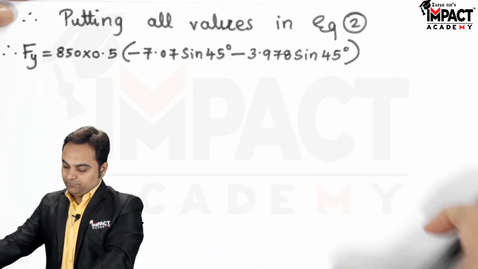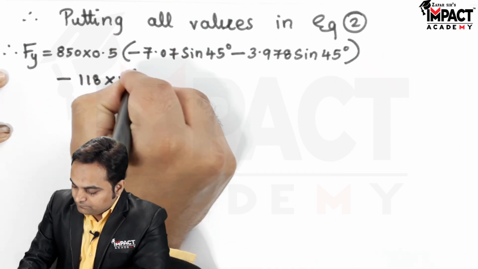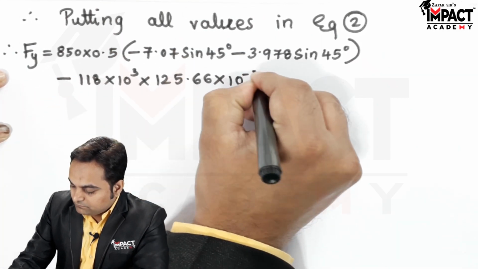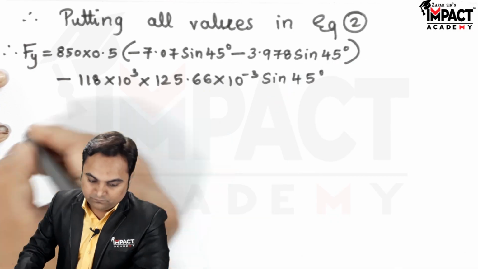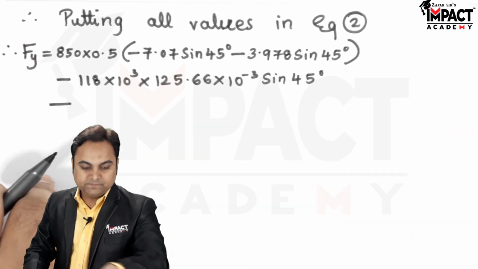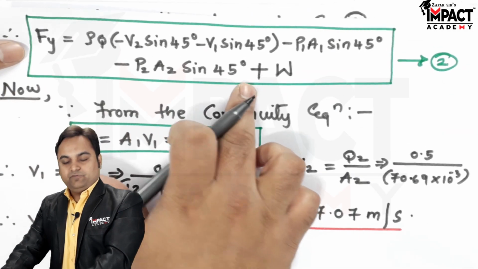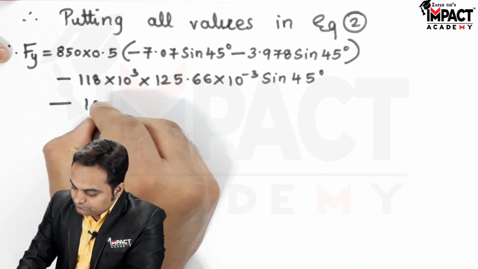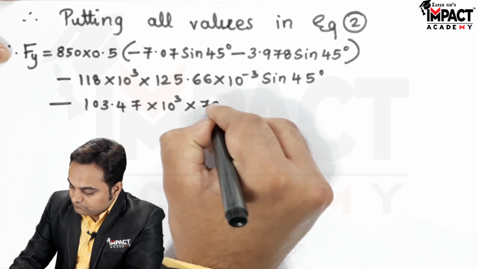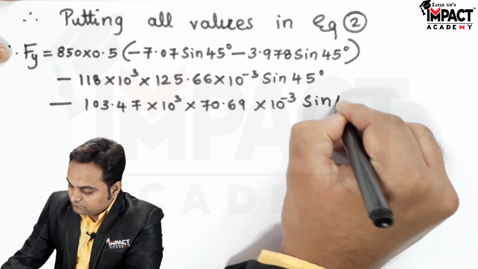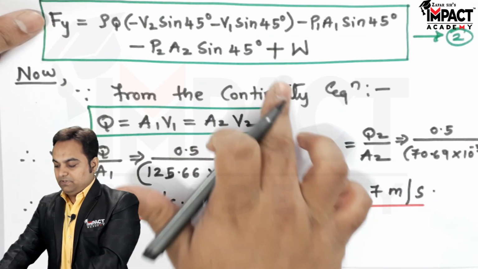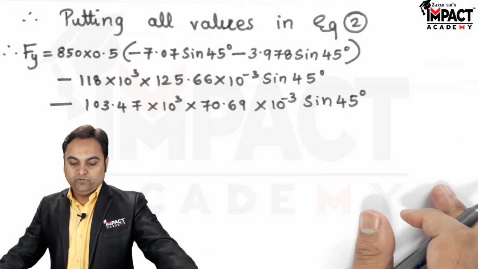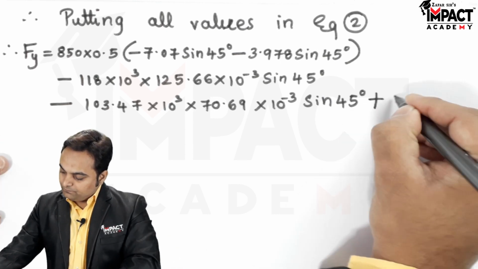I'll put the values. Next, minus P2 A2 sine 45, plus W, and W was 834 Newton.